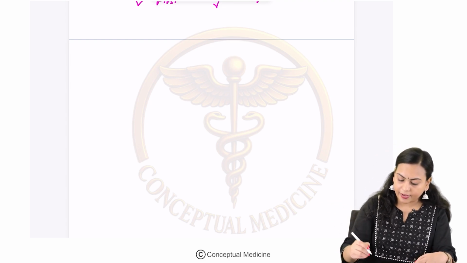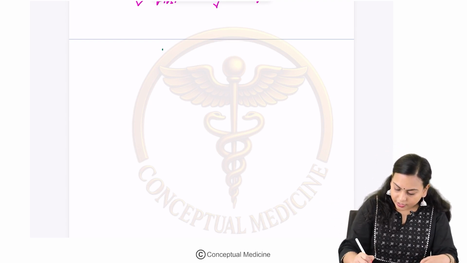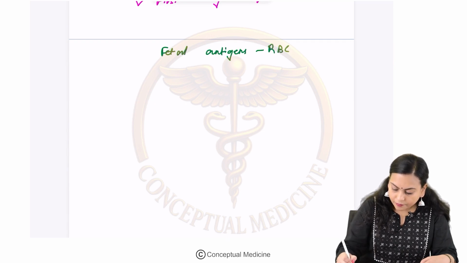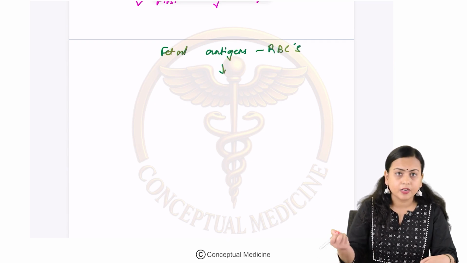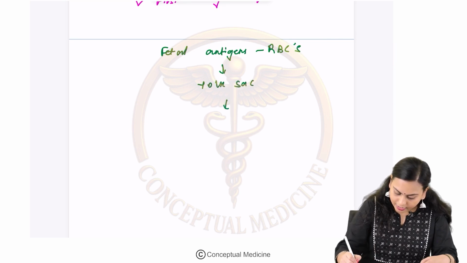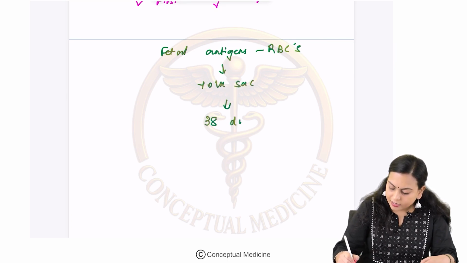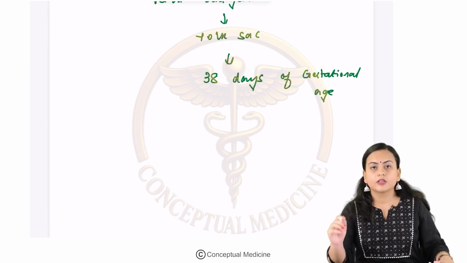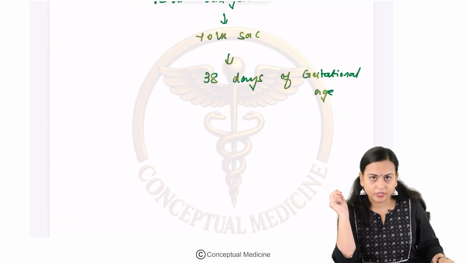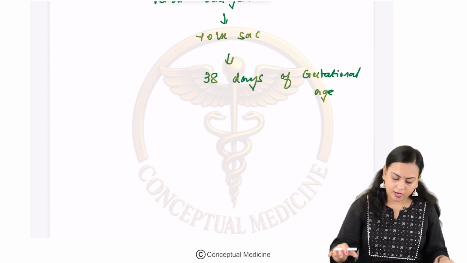And remember that these fetal antigens on the RBCs are produced from an early stage of gestation itself, from the yolk sac, and they can be seen as early as 38 days of gestational age. So even from that stage, the antibodies can target the fetal antigens. Can you get it? Yes.